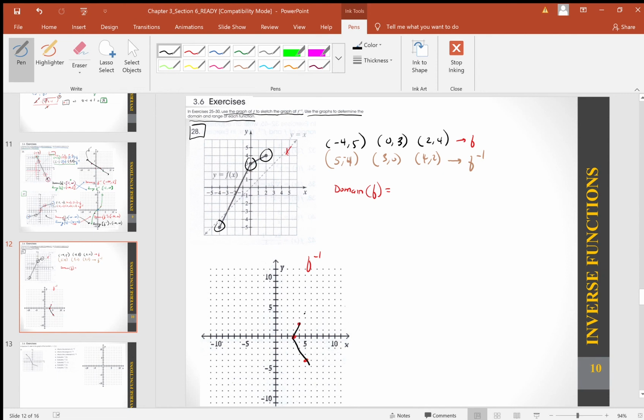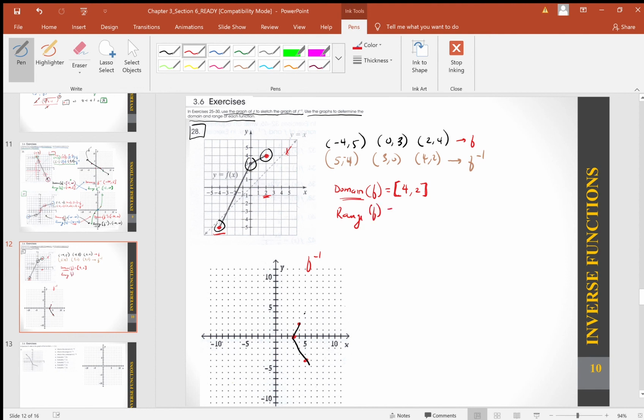Okay, so my domain of my function itself is going to be negative 4 to 2, because your domain is along the x-axis. The domain is how far that graph goes along the x-axis. And since they are dots, you have a bracket here.